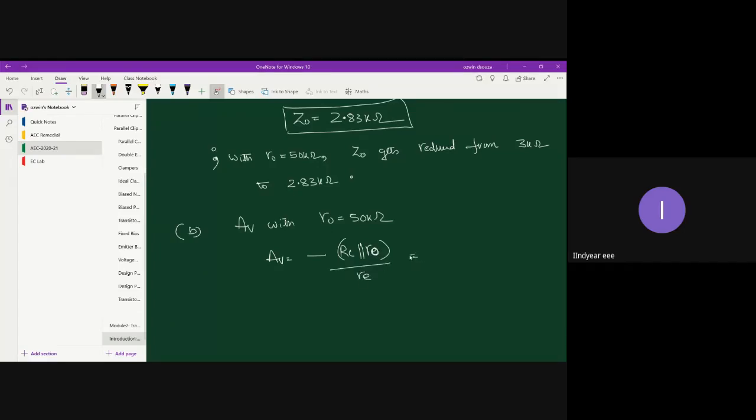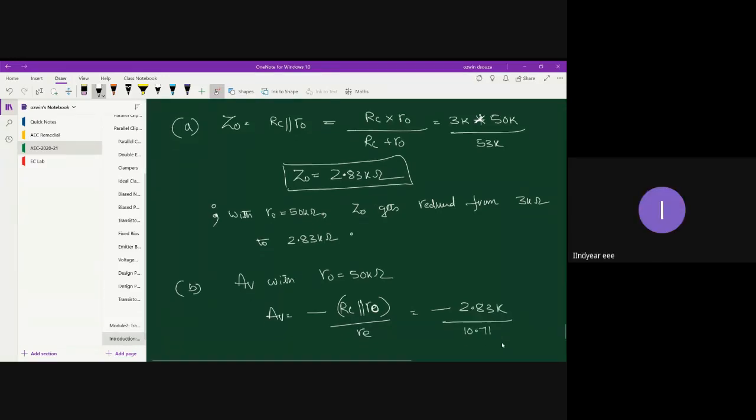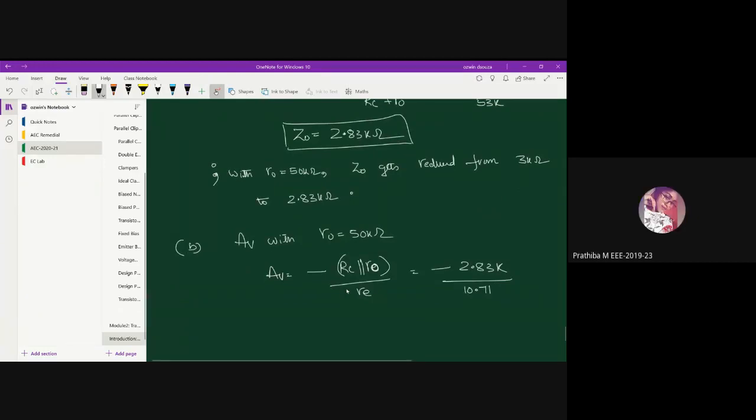So minus RC parallel with R0 kilo divided by 10.71. How much do you get? Minus 263.3.